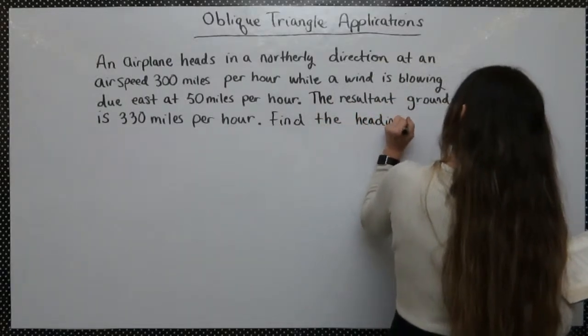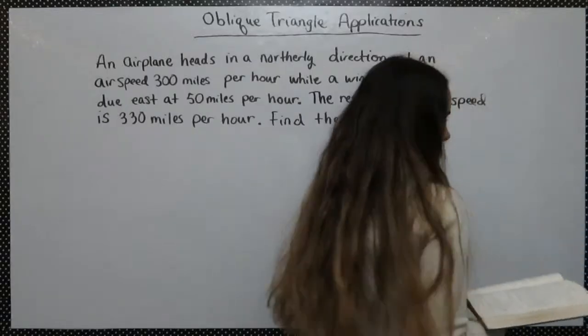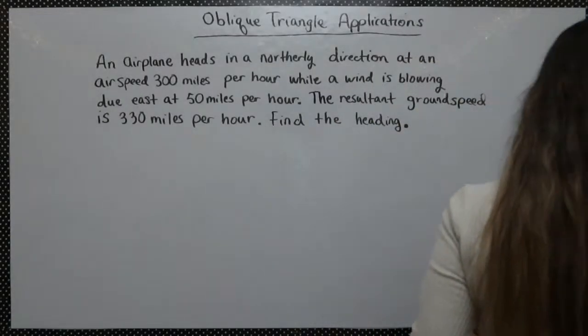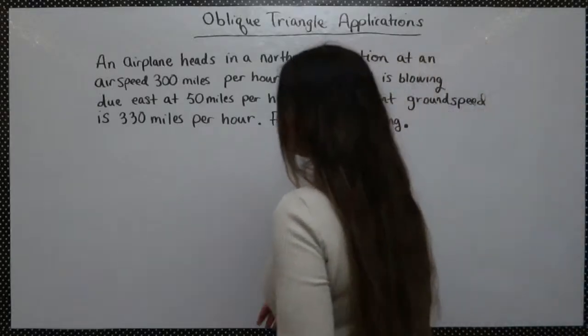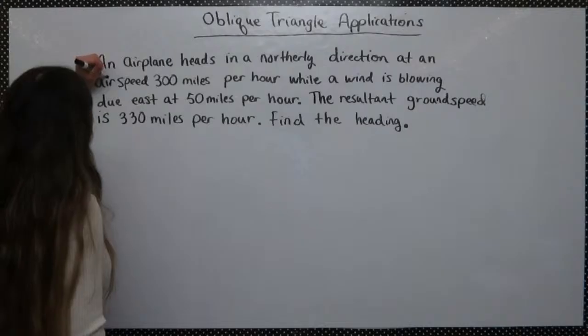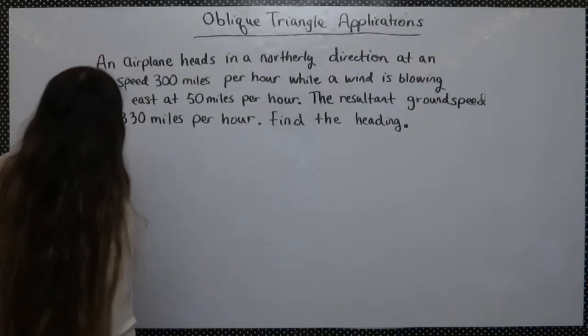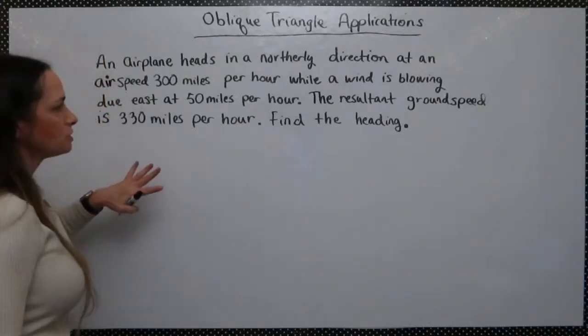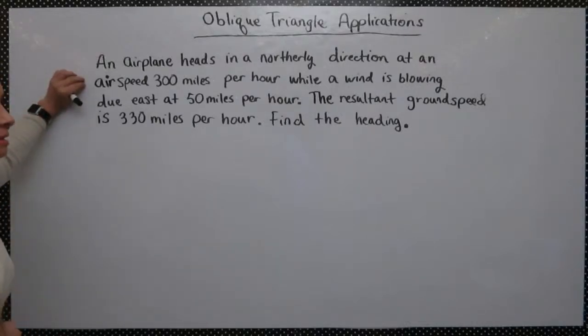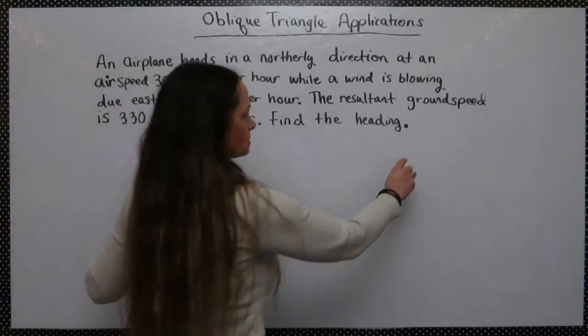Okay, so all right, we're going to first begin by defining what these words mean. Airspeed and ground speed are different. The airspeed doesn't factor in the wind, but the ground speed does.